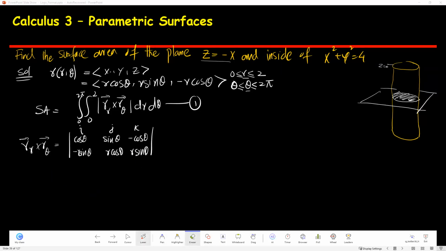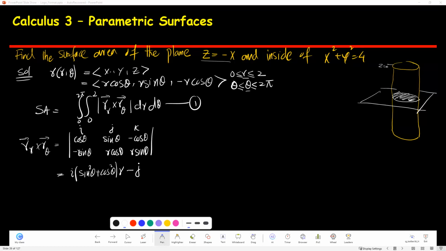Okay, and I'm going to just solve this thing, and it's going to look like I multiply this sine square and sine square, so it's going to be sine square theta plus cos square theta, and then r times 1, just r is left over. This whole thing becomes 1. Okay, and I'm going to do minus j. Here if I do this, it's going to be r sine theta cos theta minus r sine theta cos theta.